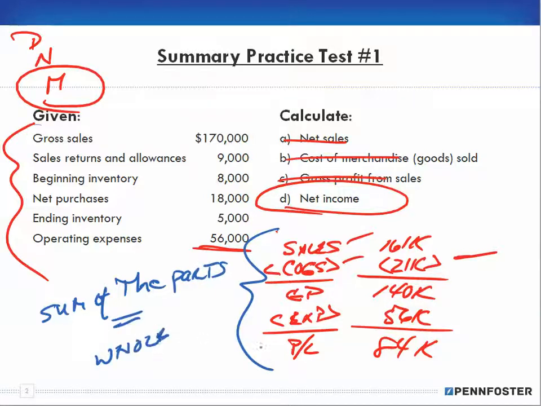If you understand the whole, then you can figure out all of the parts. If you only understand some of the parts, it doesn't necessarily mean you're going to be able to figure out the whole. So this may be, like I said, kind of dense and a little bit convoluted, but you have to understand the entire concept so that when you're given a piece here or a piece there, you're able to fill in the blanks and figure it out.